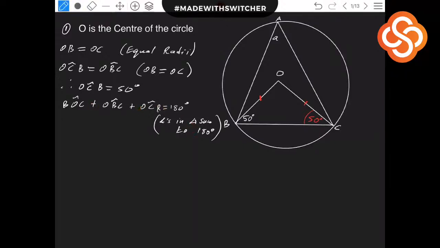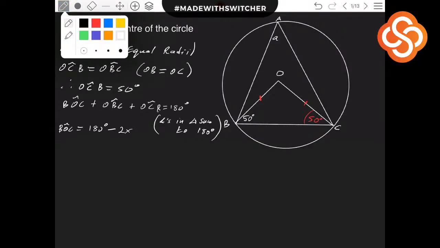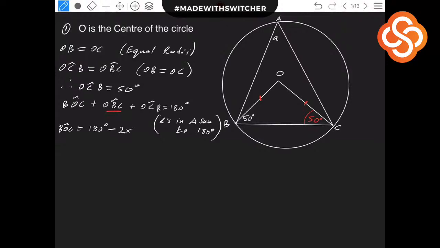So we're looking for BOC. So BOC is going to be 180 degrees minus 2 times, because now these two angles are equal, this one and this one. They are both equal to 50. As you can see, angle OBC is equal to 50 degrees, and the angle OCB is also equal to 50 degrees.